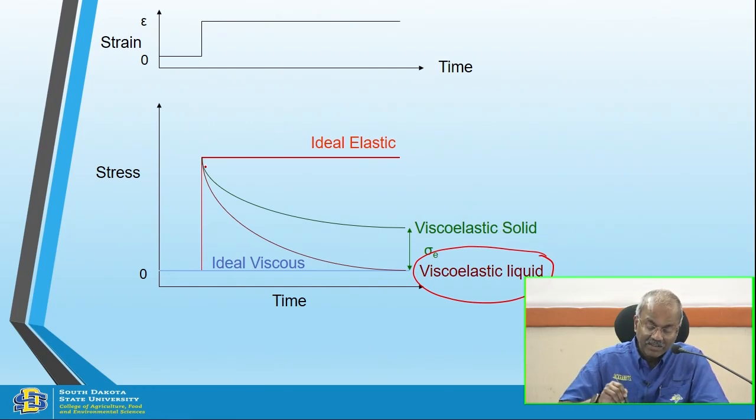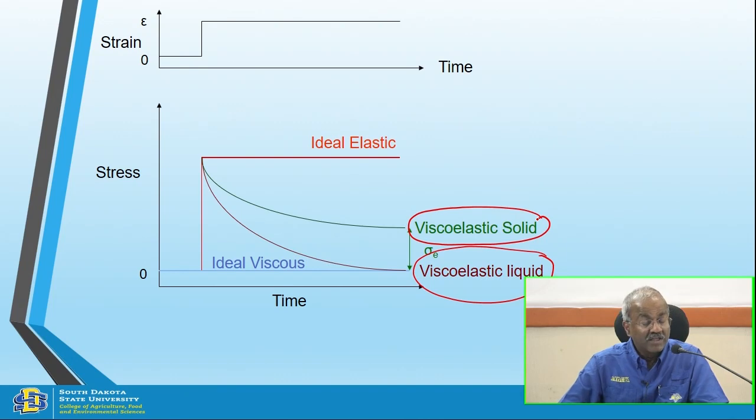On the other hand, if the stress is relaxed but there is a residual stress left at the end of the process, that's called a viscoelastic solid, because it has more elasticity.